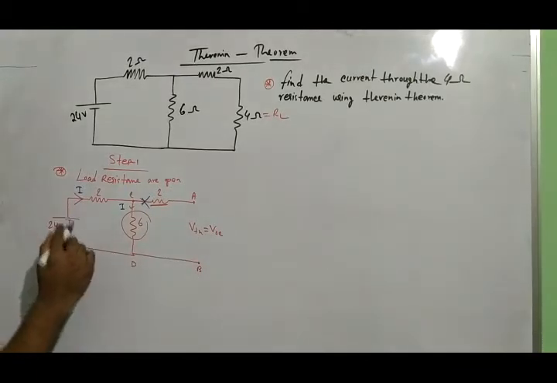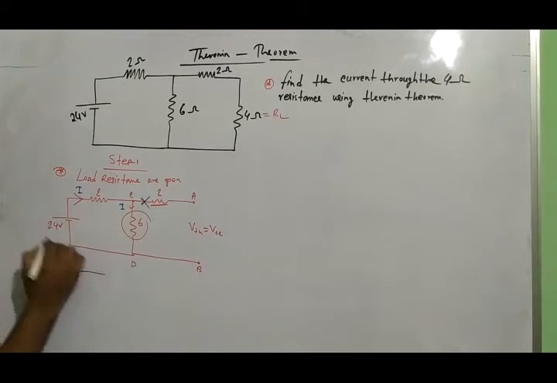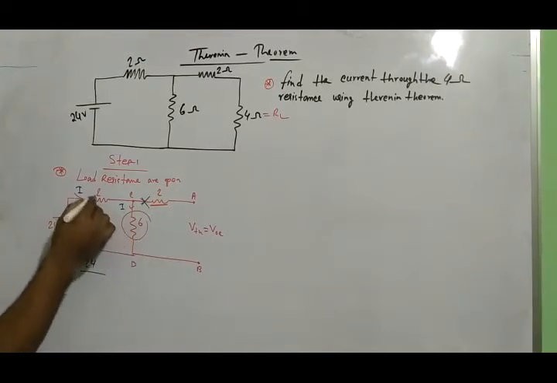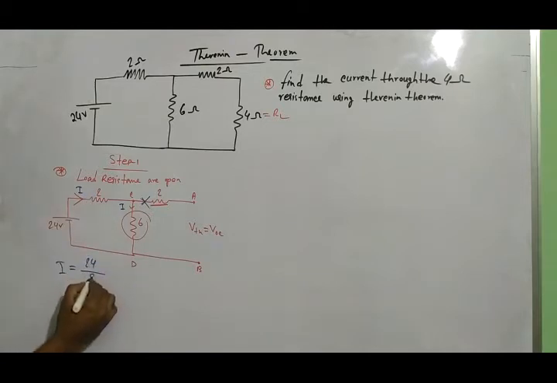Okay. So at first we find the current I. I is the main current. I equals V by R. V means 24, by R, which means these two are connected in series, 6 plus 2, that means 8. So 3 ampere.